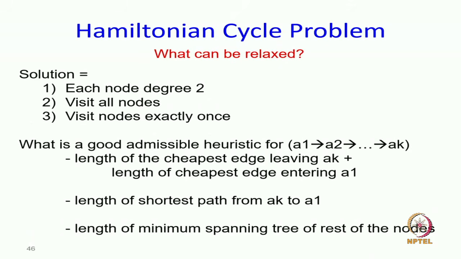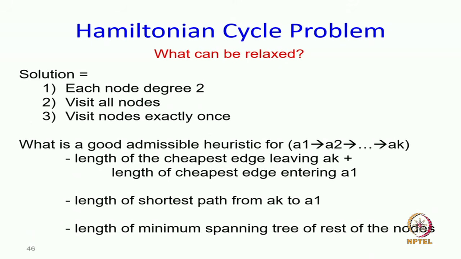Now, this minimum spanning tree, would it be an admissible heuristic of the original problem? What is it saying? It is saying visit all nodes? Yes, but should all nodes have degree 2? No. Should all nodes be visited exactly once? Well, it is a tree, so there is no notion of visiting per se. So, not exactly.